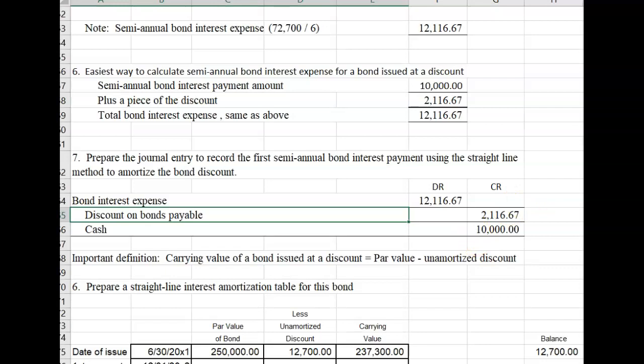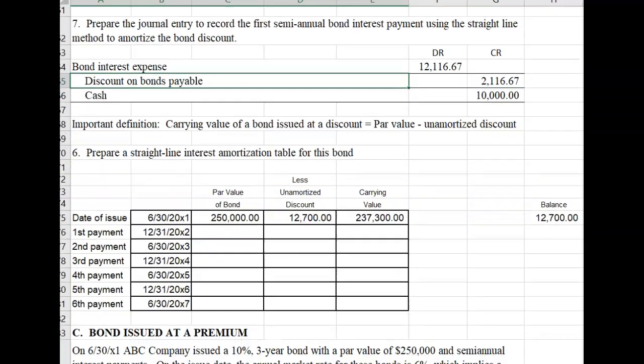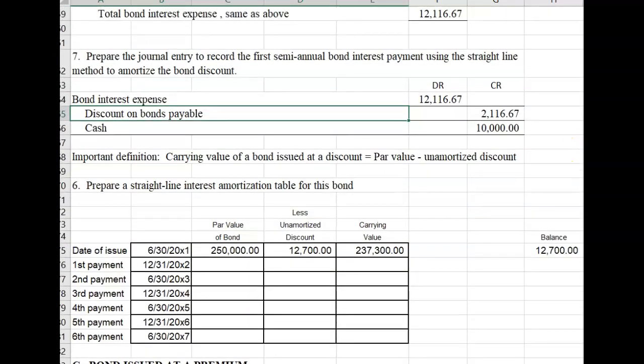I want to show you how this works with a bond amortization table and a calculation of the T account for the discount on bonds payable.